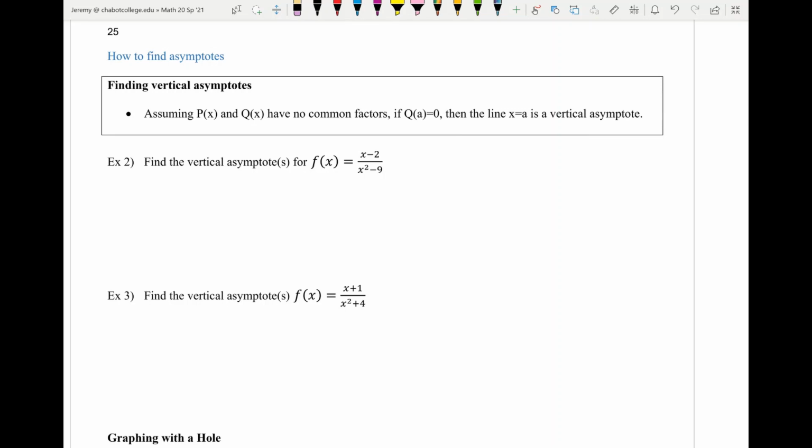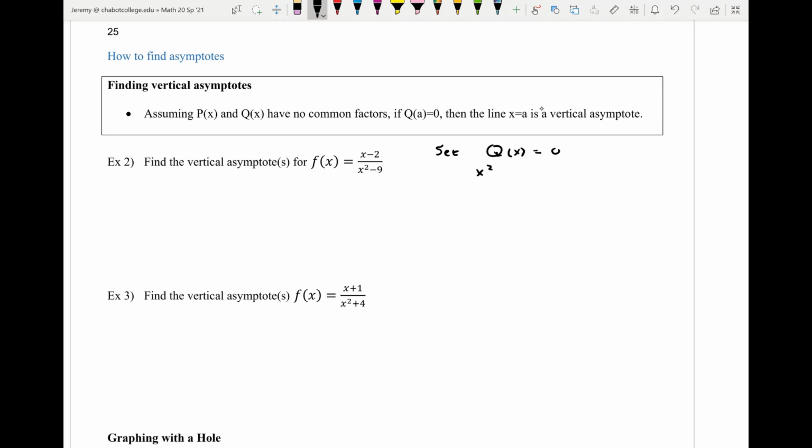So if we want to find vertical asymptotes of a rational function, like we're asked to do in example 2, we just have to find the zeros of the denominator.